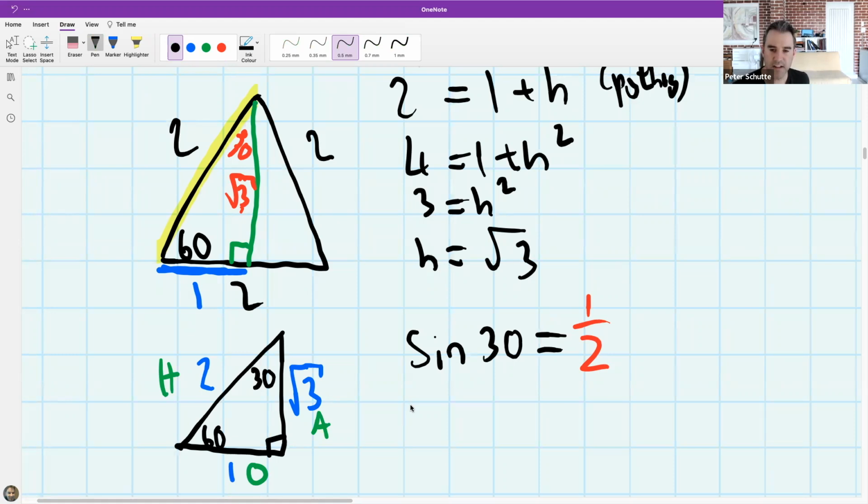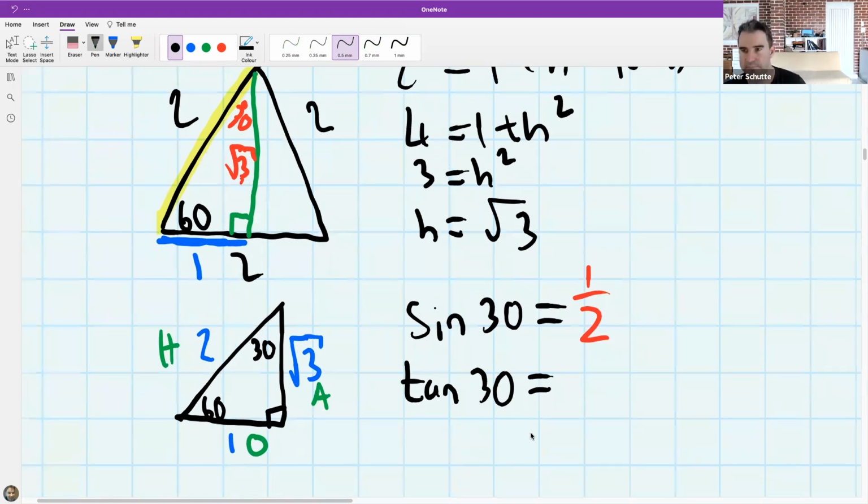Here's your next question. What is the tan of 30 using this special triangle?